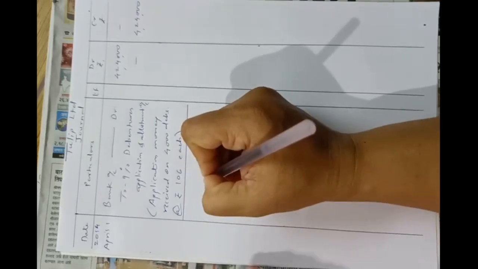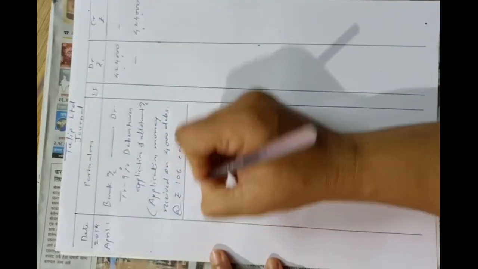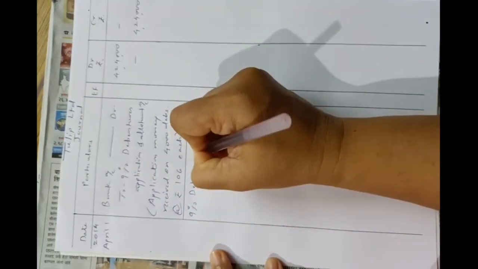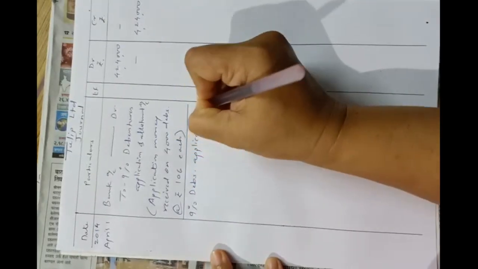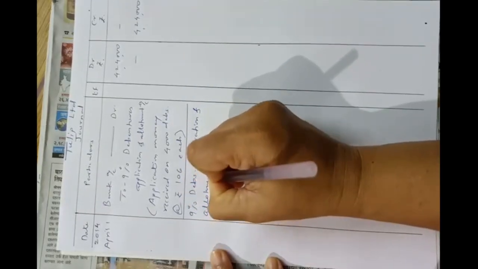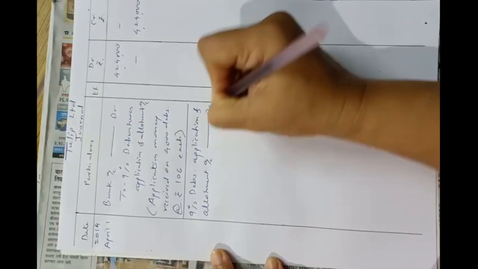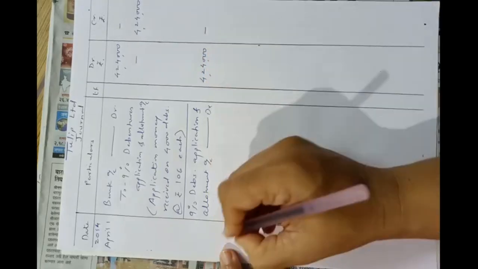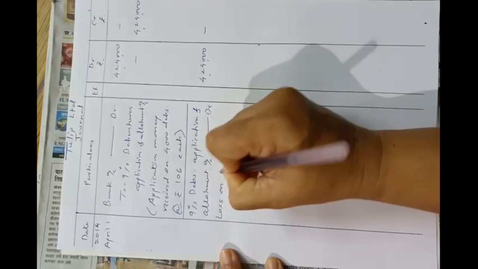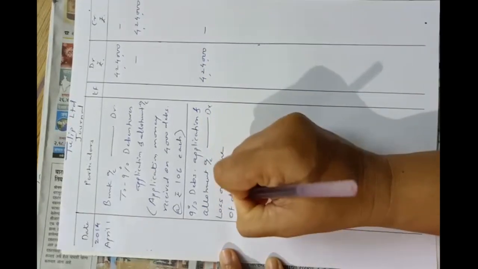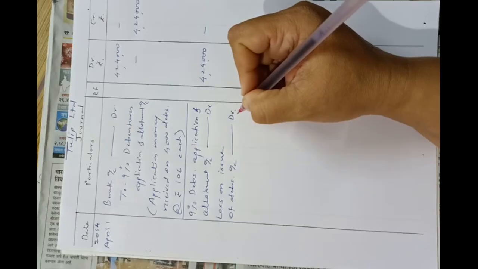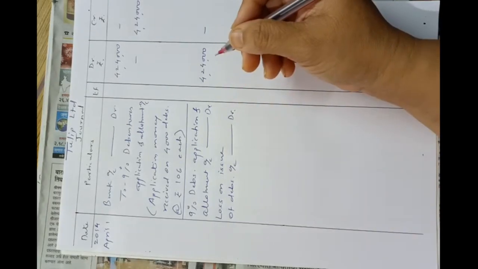Now on the same date there will be transfer of application money. So 9% debenture application and allotment account debit ₹4,24,000. Loss on issue of debentures account debit. Here we have to write the loss, that is premium on redemption of debentures.